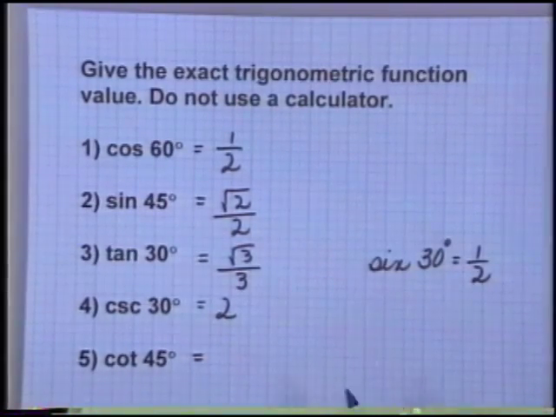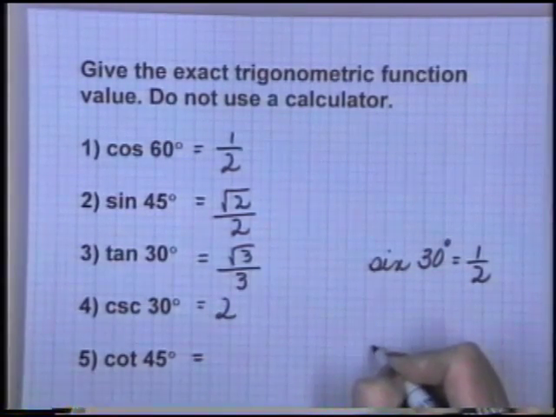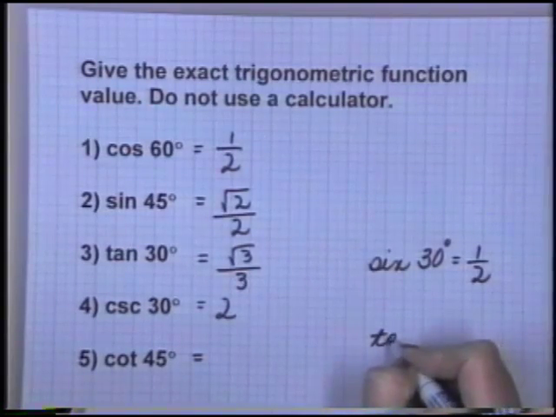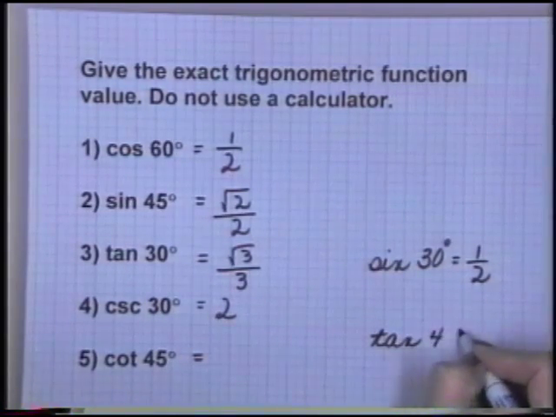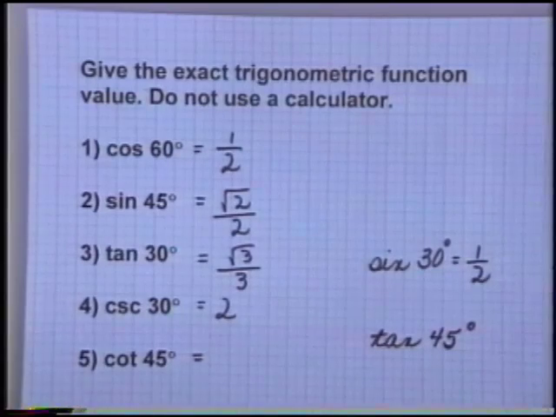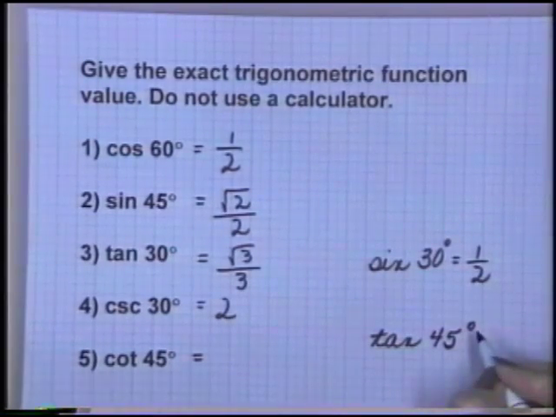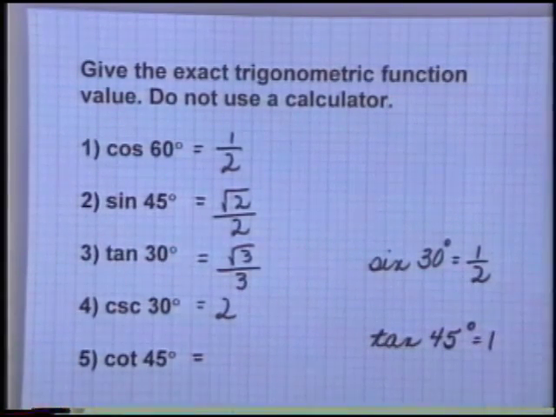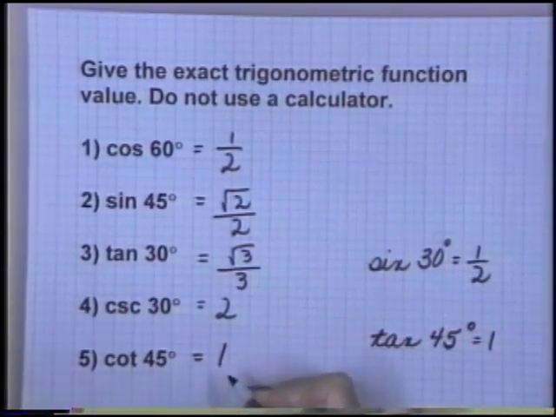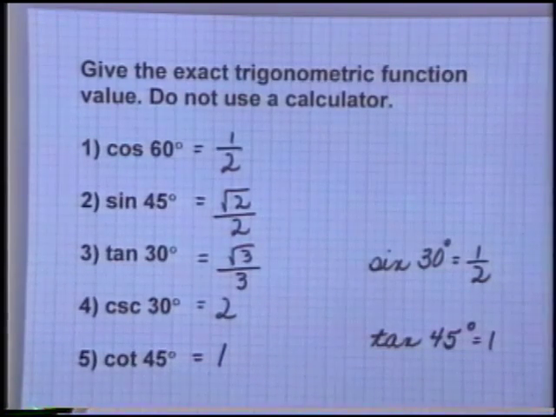And on the cotangent of 45 degrees, we're supposed to know that that equals the reciprocal of the tangent of 45 degrees, and then we're supposed to know that the tangent of 45 degrees equals 1, so the cotangent of 45 degrees would be the reciprocal of 1, which is of course 1.